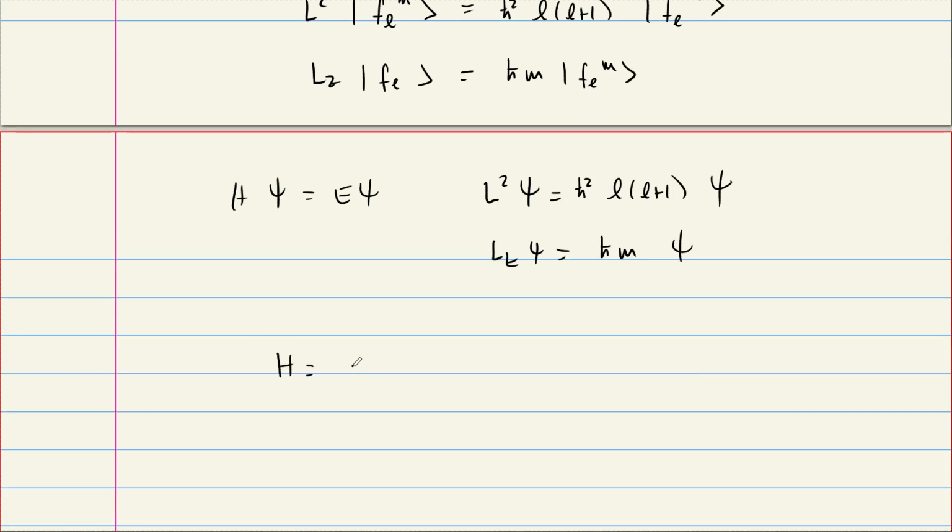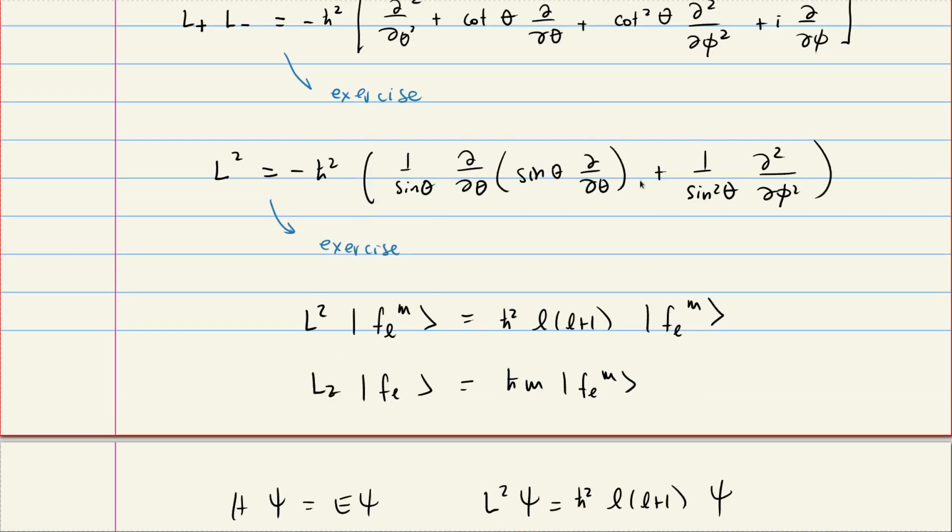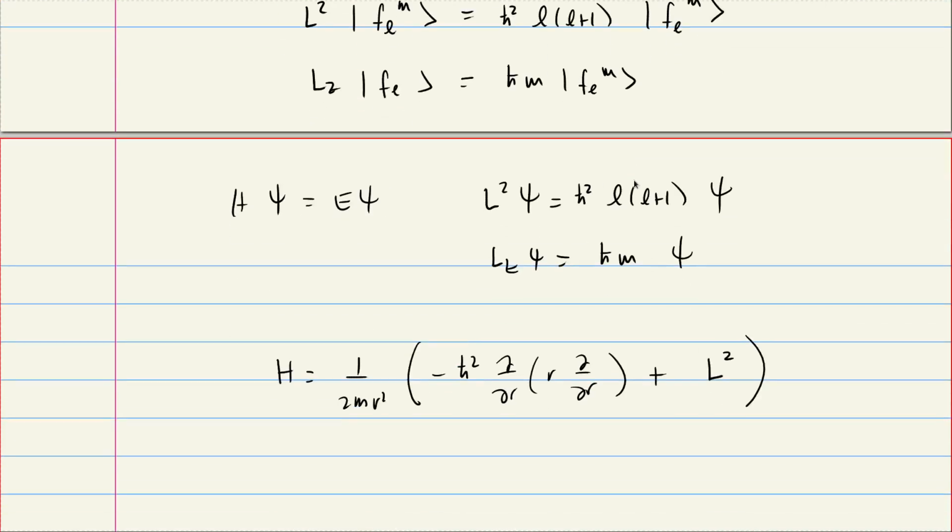It's rather nice. It's like 1 over 2m r squared, minus h bar squared del r r squared del r plus L squared. So this L as an operator is this differential operator. And we now know the solution of this whole set. Good?